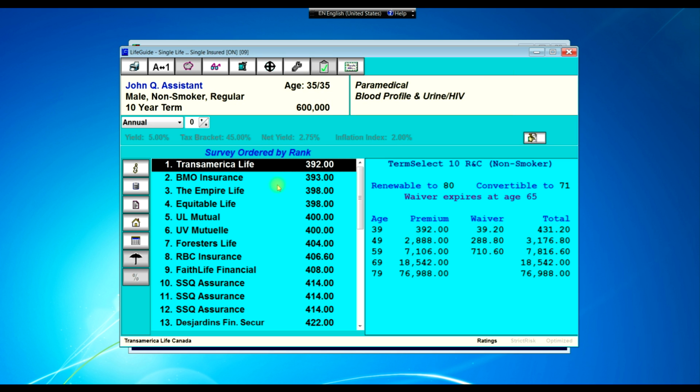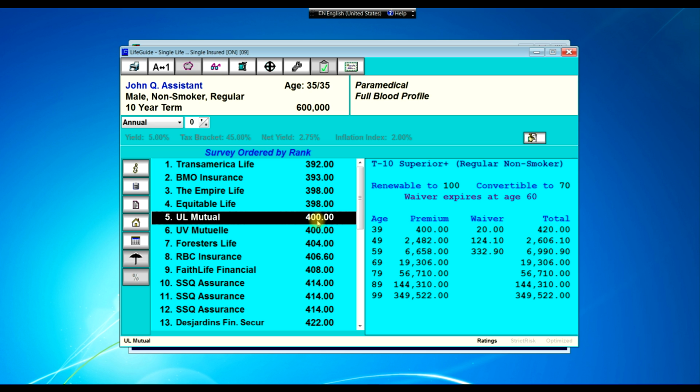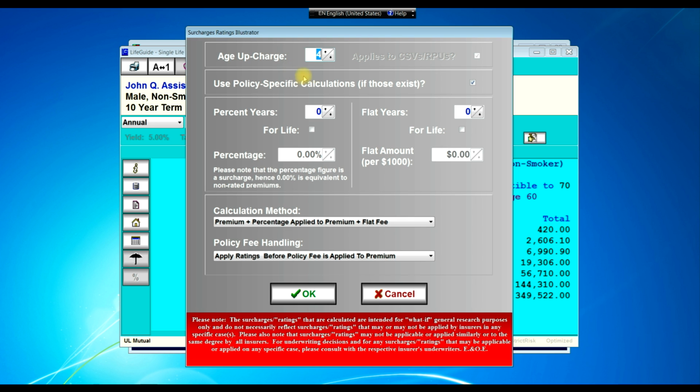And we see now that the premiums are quoted on the basis of age 39 as opposed to age 35, which was the original input. That's because ratings are applied by increasing the person's insurance age. Let's go back, and we'll take that off. We'll put a 0 up there.